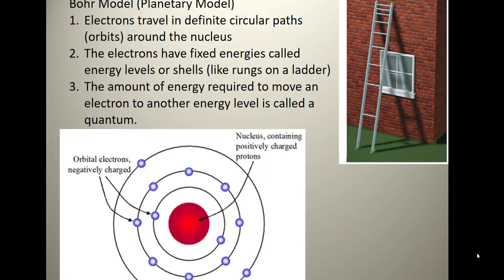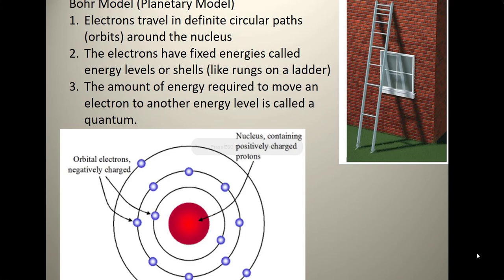So here is a picture of Niels Bohr's planetary model. You can see the nucleus, it's a little large, that big red circle there. It should be a lot smaller, but anyway, there it is. And then you can see that we have electrons in energy levels or shells in definite circular paths around the nucleus.